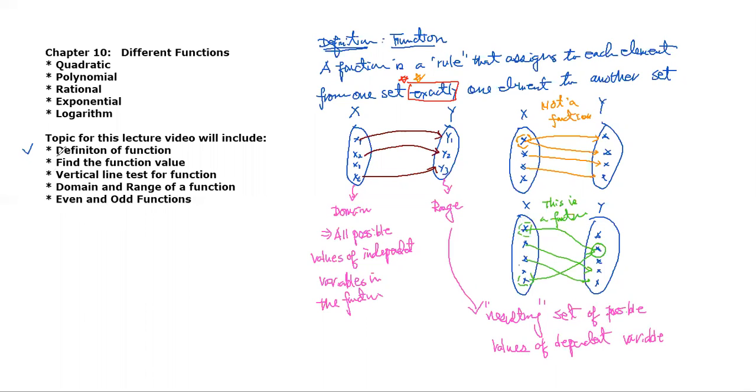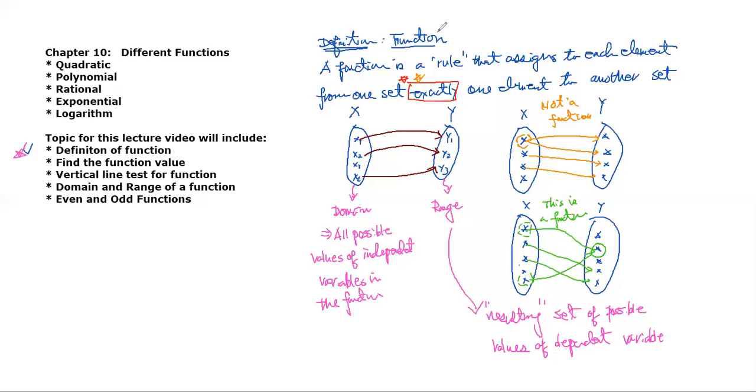So the definition of the function is the first thing we cover here. That means it has to be one x to one y. They don't have to be different y's. Like in this green example, both these two x's can go to the same y. That's okay. But one x cannot go to two y's. That's what we define as a function.